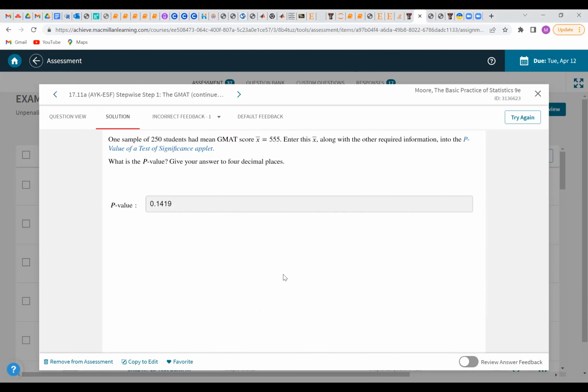Okay, so now we'll perform the hypothesis test for the previous question. Here we have x bar is 555 and n is 250. And what was the hypothesized value? Let me check.